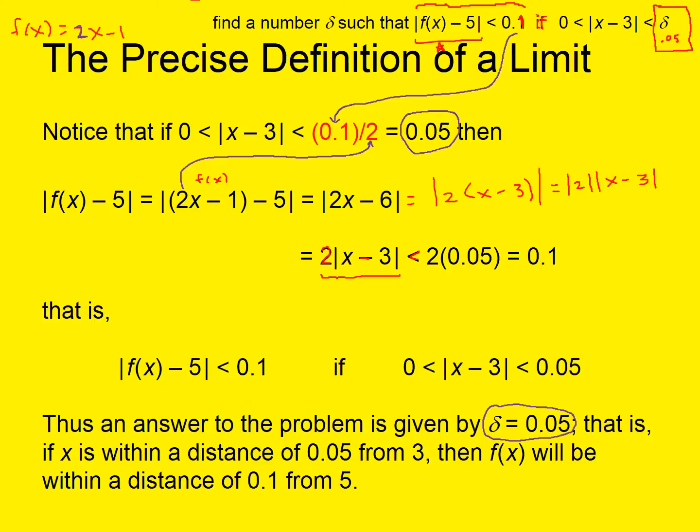Well, I'll just kind of spill the beans here: the 2 comes from here, right? That was given in the problem. 2x minus 1, that was actually the coefficient of x in the original problem as it was given. And the 0.1 comes from here. And so those numbers put together in that way produce the perfect answer, 0.05.